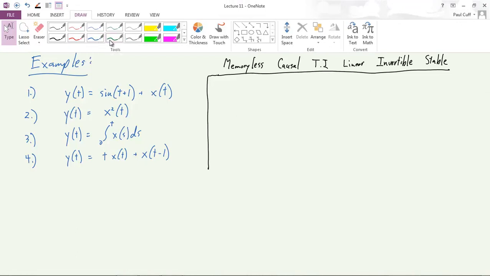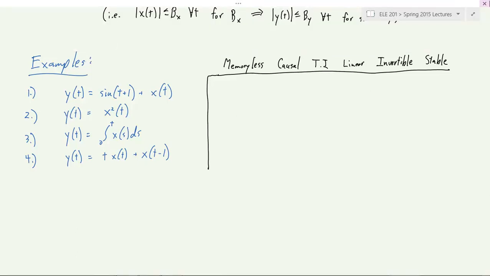Do we think that this first system is memoryless? Do we have yeses? Okay, we've got some yeses. What about any no's? All right, so actually it is memoryless. I thought maybe the sine of t plus 1 would throw some people off, but it shouldn't.